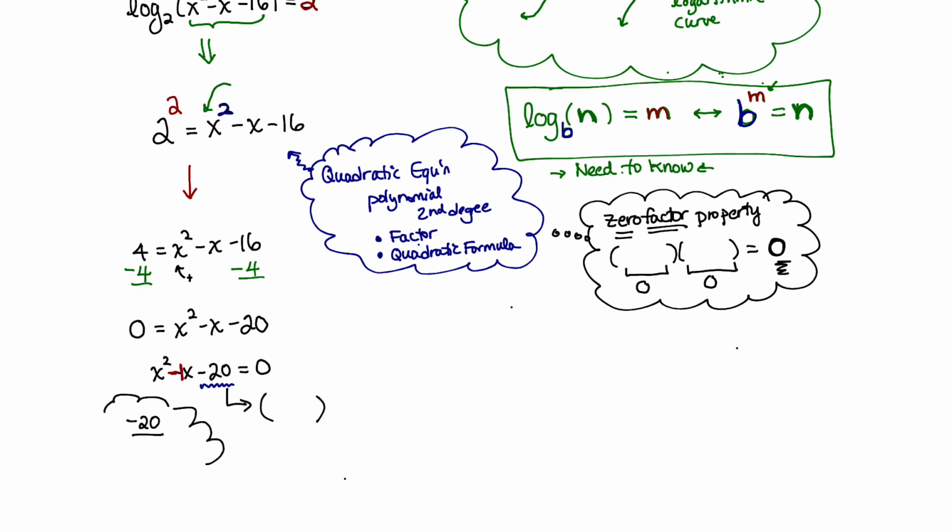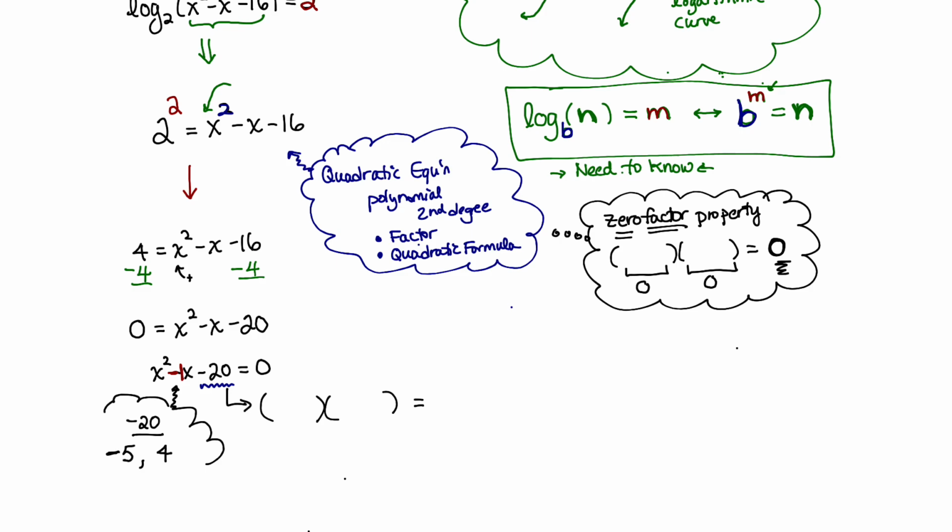Well, let's see. What 2 numbers do that? I've got 2 numbers that multiply to negative 20. 5 and 4 give me positive 20. And if I add them up, where one is positive and one is negative, it's going to give me that negative 1.